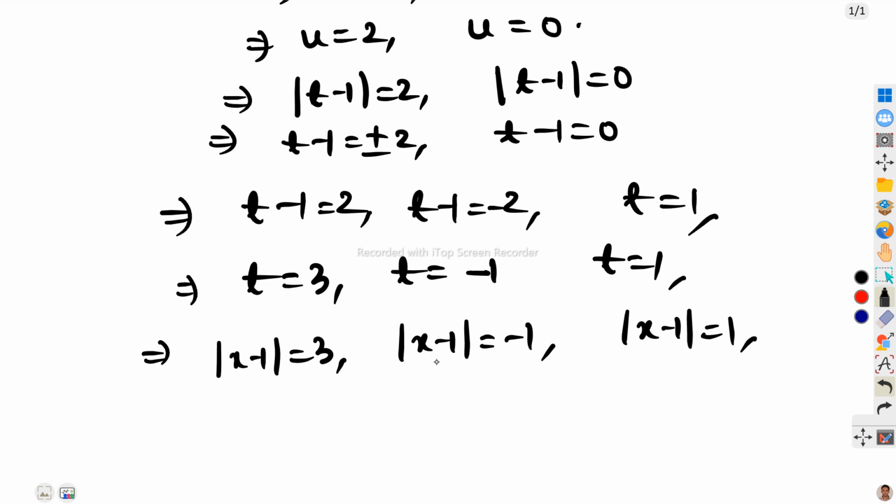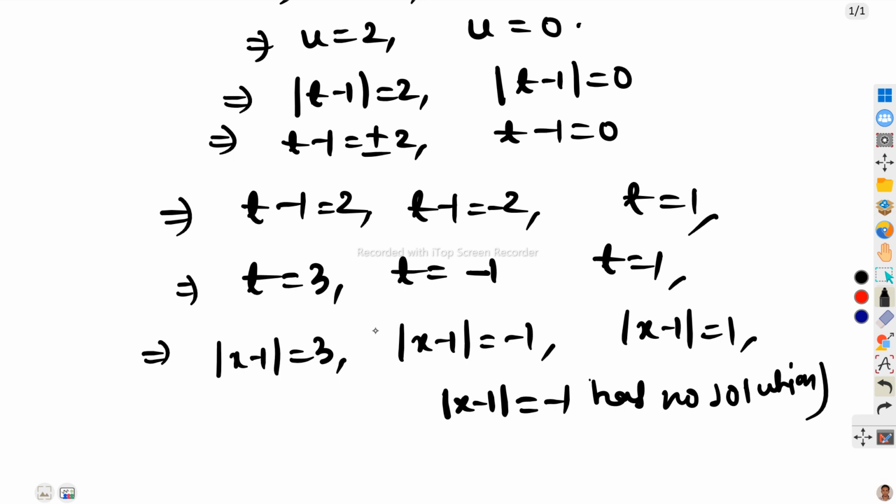Again, we look here that the absolute value function cannot take negative values, so |x − 1| = −1 has no solution, so we reject this equation.